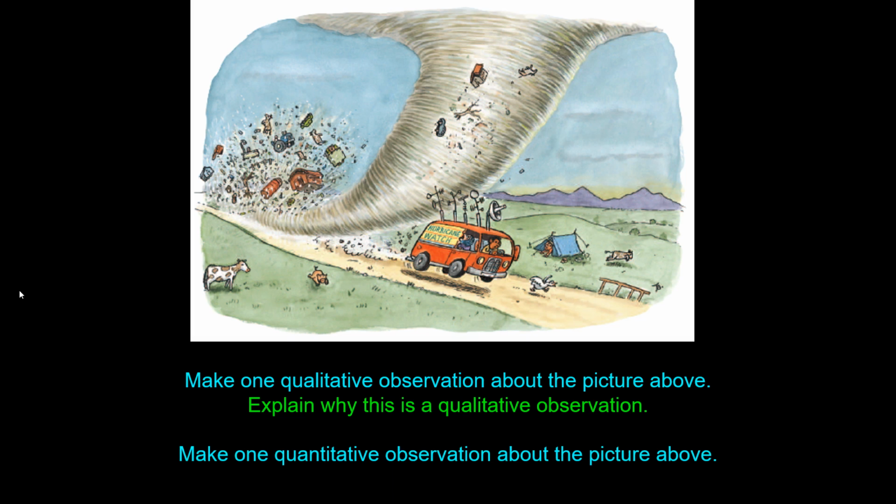If this was a real life scenario, we can look for data that maybe talks about the wind speed of the tornado. After the tornado has passed by, they tell you how long the path was that it went over, how much destruction it caused. Ultimately, how much the insurance companies had to pay out for it and things like that. So that's kind of my spiel on quantitative versus qualitative.